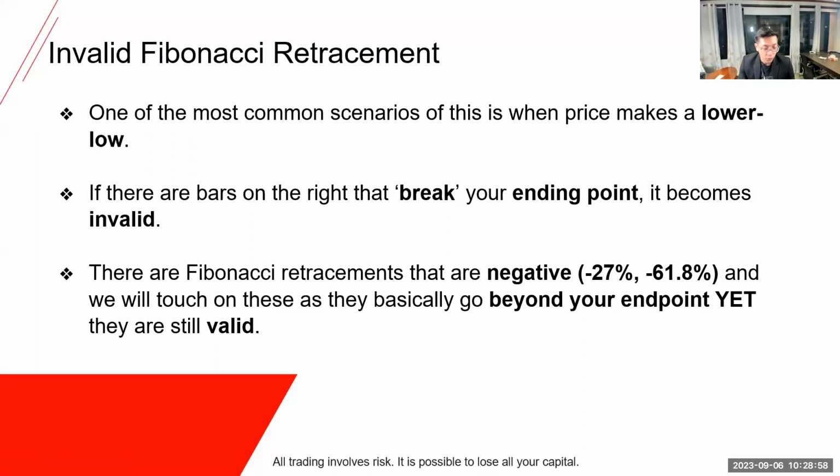There are Fib retracements that are negative, which I mentioned previously, negative 27.2 and negative 61.8. We will touch on these, as they go beyond your endpoint, yet they are still valid.